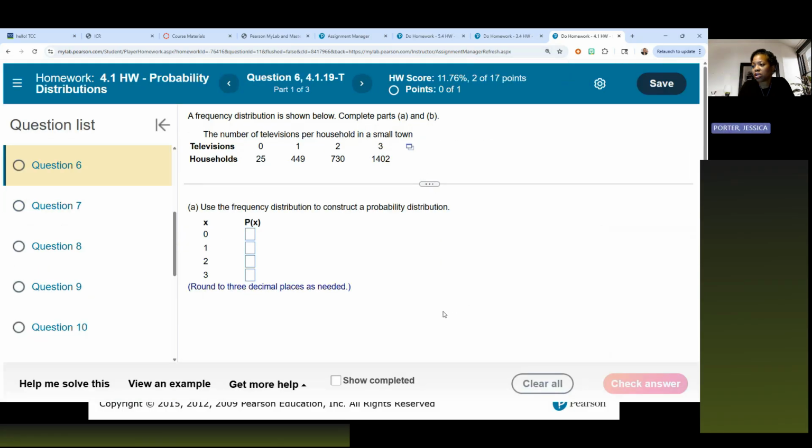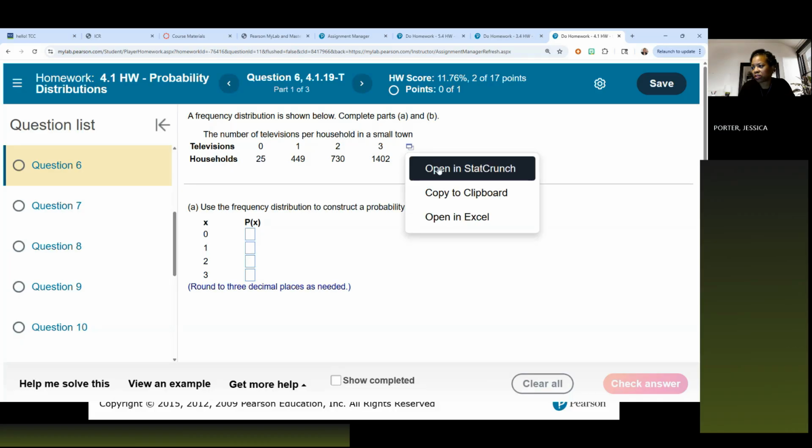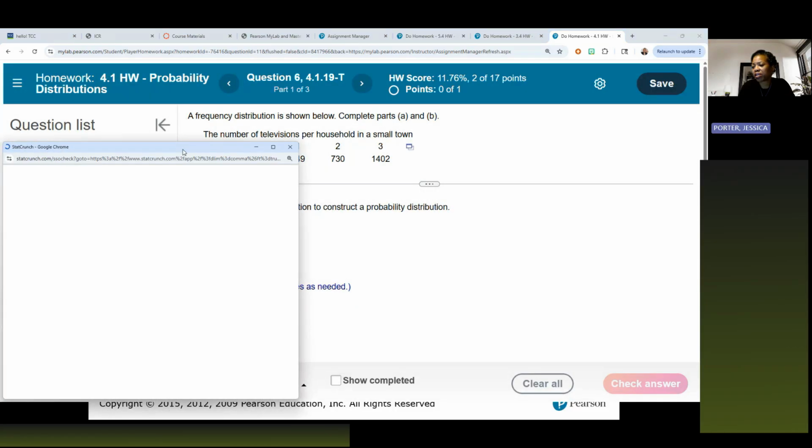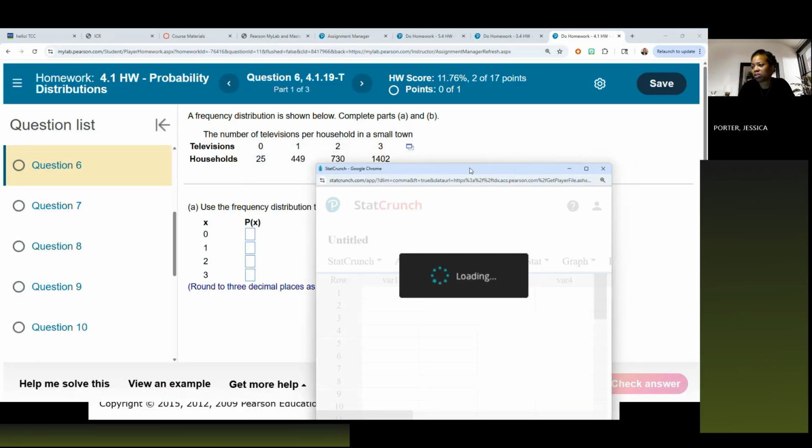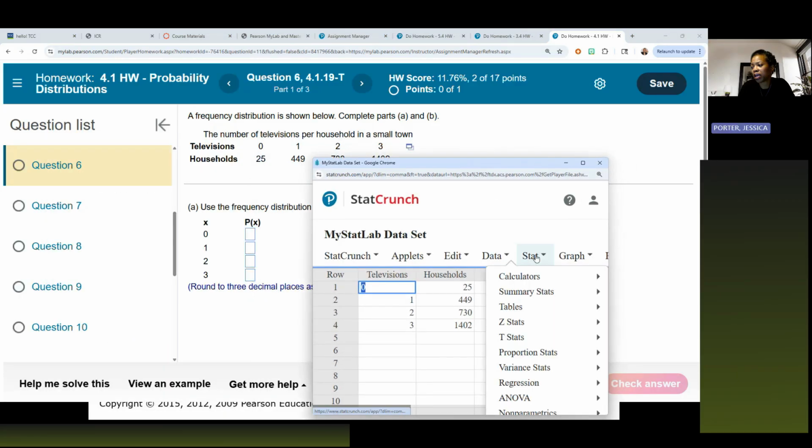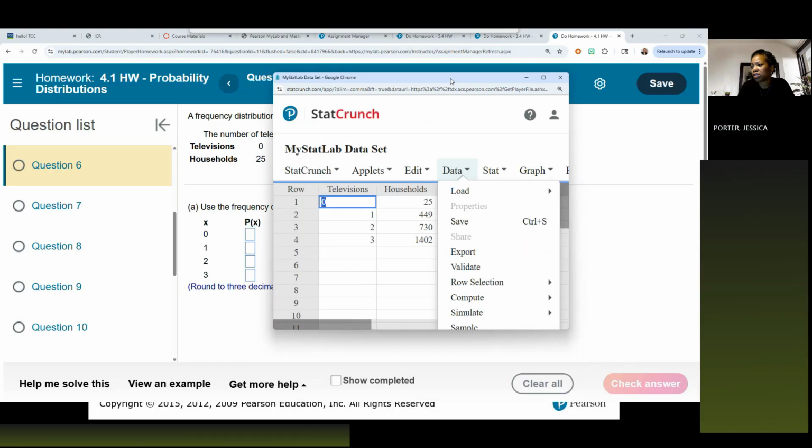Okay, so here's one: a frequency distribution is shown below, complete parts A and B. Again, you're going to add all these together, open in StatCrunch, and I'm going to just add them all together here. Then I'm going to show you a different way to go about doing this.